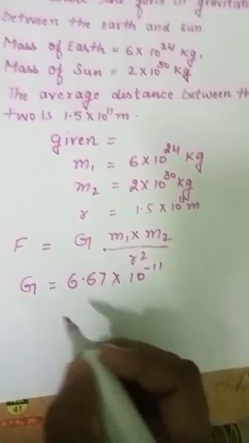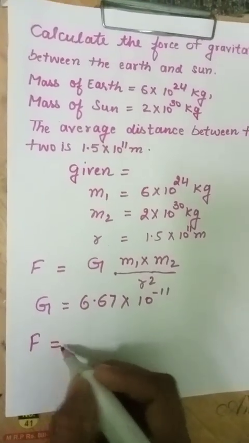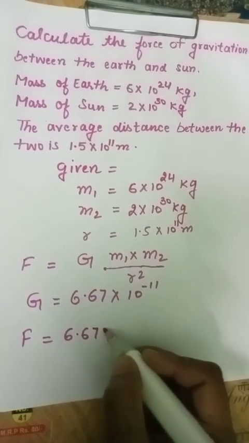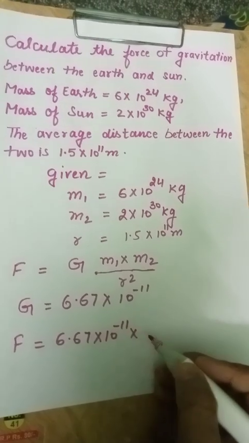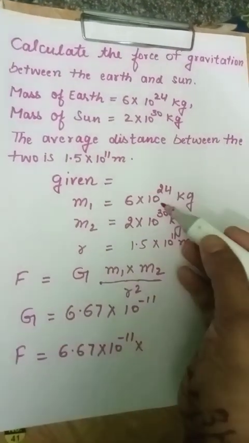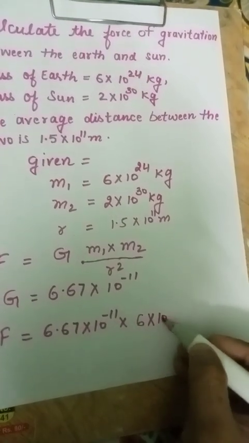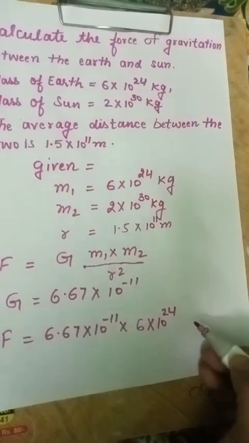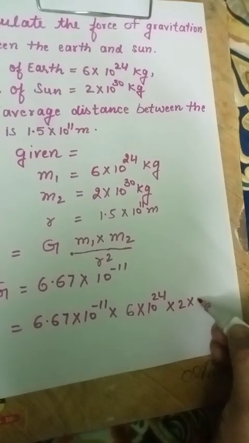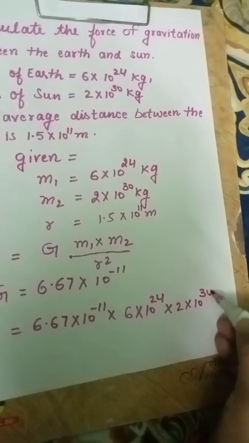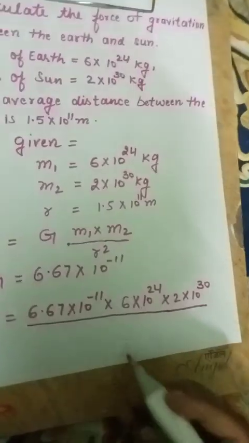So we are putting all these values in this particular equation. Now we are getting 6.67 into 10 raised to power minus 11 multiplied by m1, the value is 6 into 10 raised to power 24, multiplied by 2 into 10 raised to power 30, upon r square.